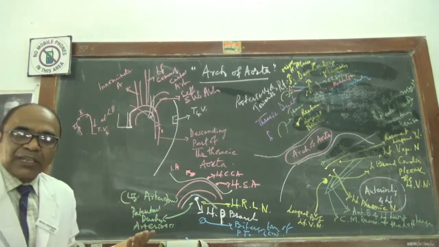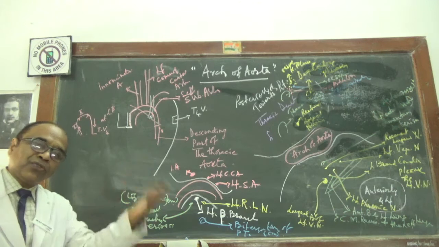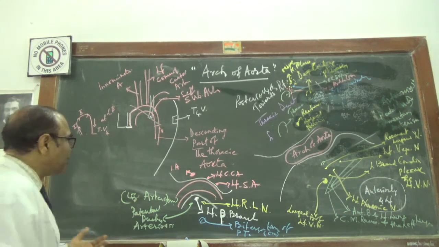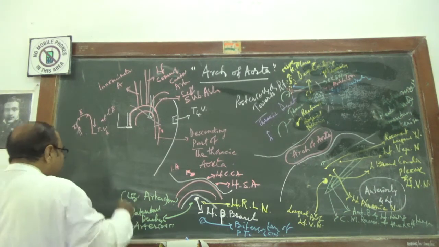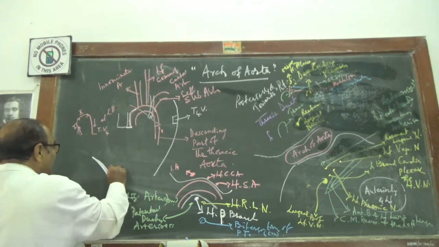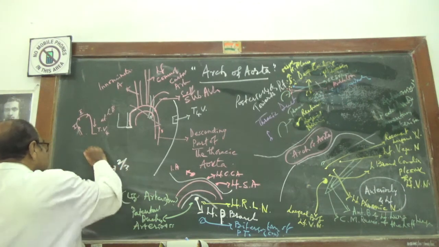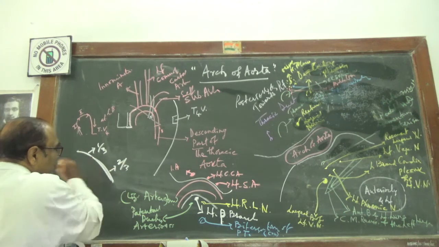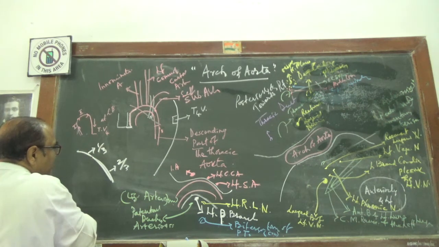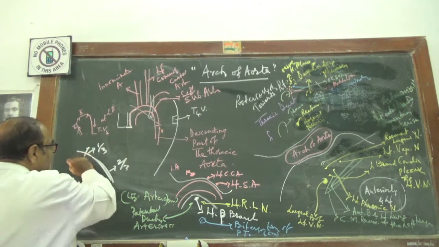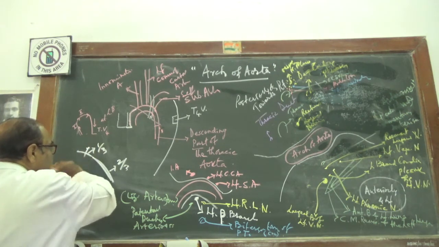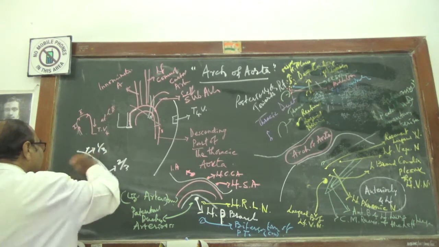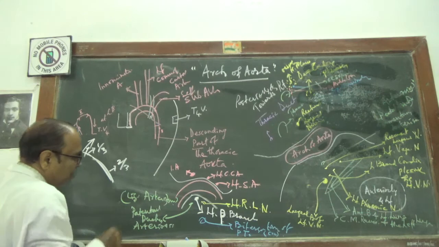Then if the interventricular septum fails to close, because the upper 1/3 is membranous and the lower 2/3 is muscular in its development, if that does not develop properly, or the membrane does not become a membrane, then there will be a mixture. That is the fourth.